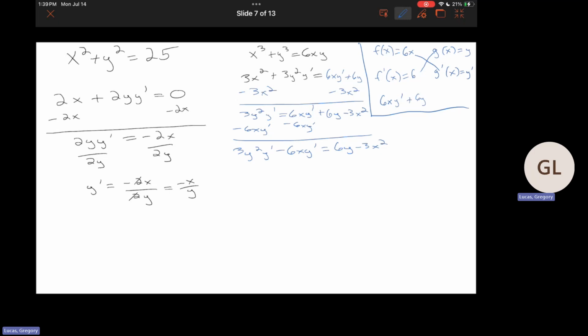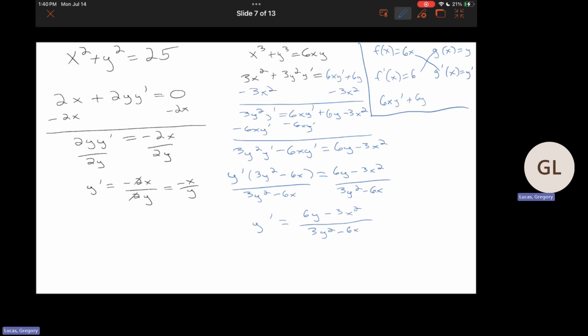But now when we have multiple y prime terms, I can factor out a y prime. When I factor out a y prime, I'm left with 3y squared minus 6x, and the rest stays the same. Now that y prime is factored out, I can divide by whatever's left. So we have y prime is equal to 6y minus 3x squared over 3y squared minus 6x.